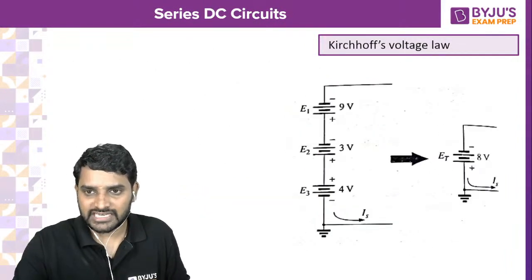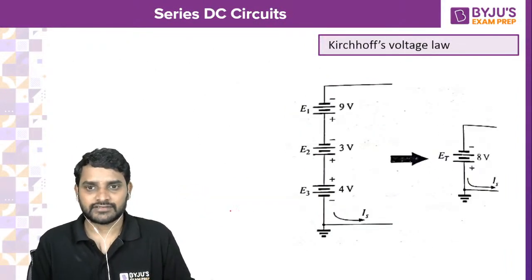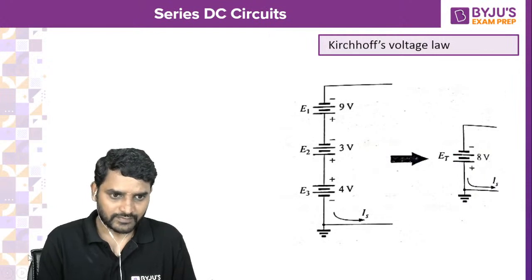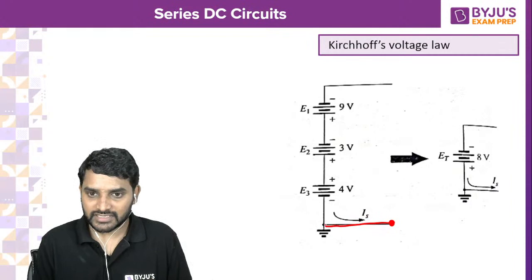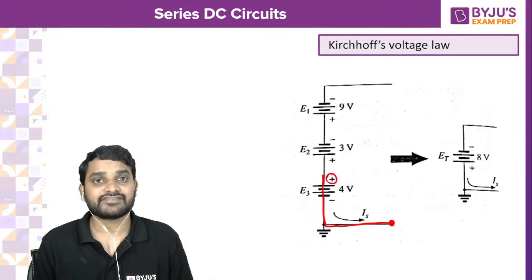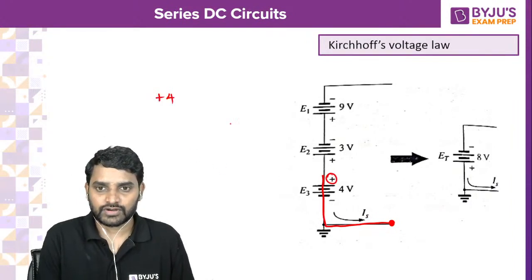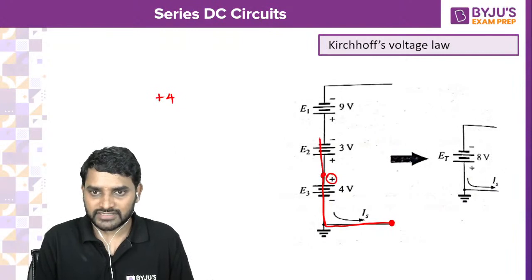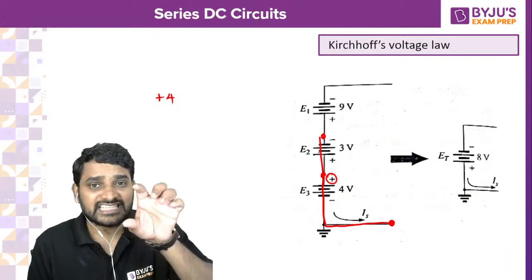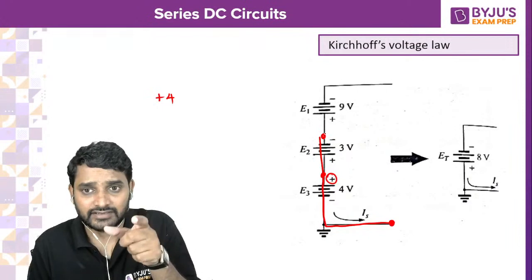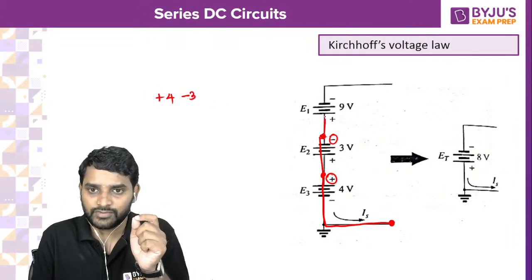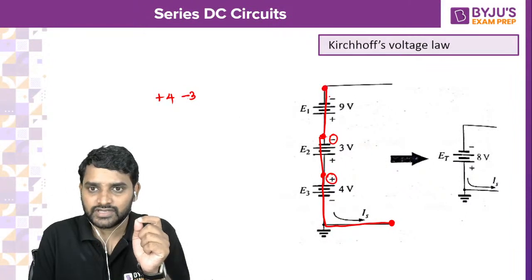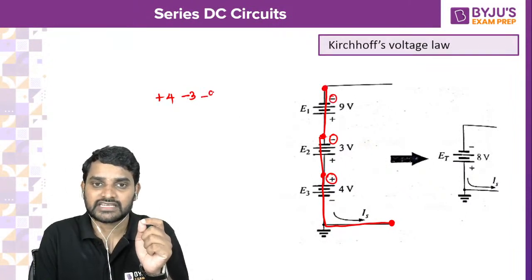Okay, now can you tell me about this one? Already this is done. But see, I am moving from this terminal to this terminal, so I leave with positive polarity, so positive 4. Next, moving from this terminal to this terminal, each and every element I am taking, this element I leave with negative polarity, so minus 3 volts. Now moving from this terminal to this terminal, I leave with negative polarity, so minus 9.